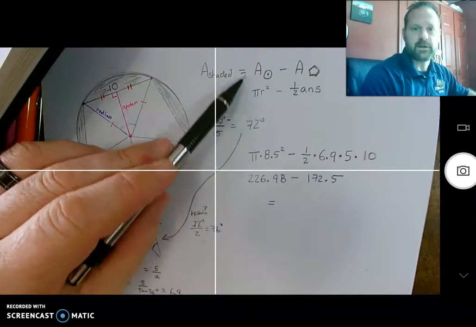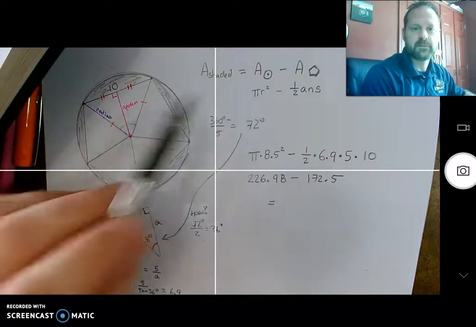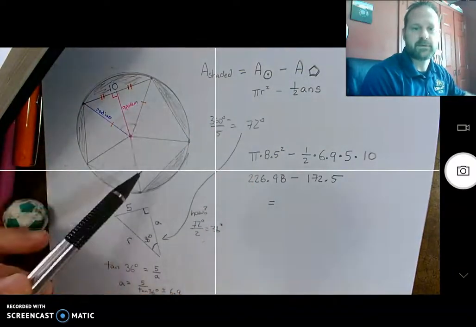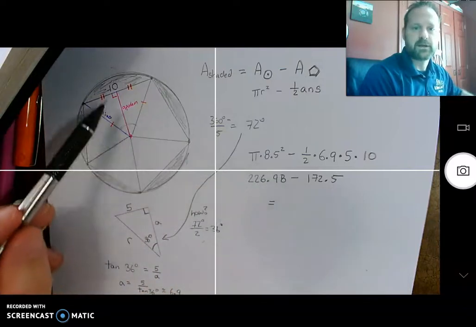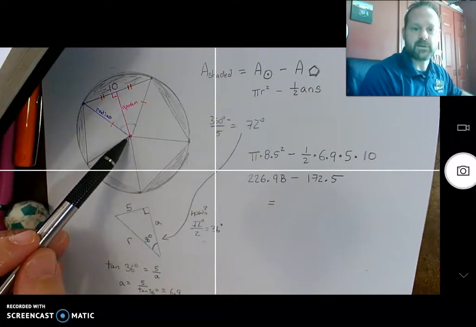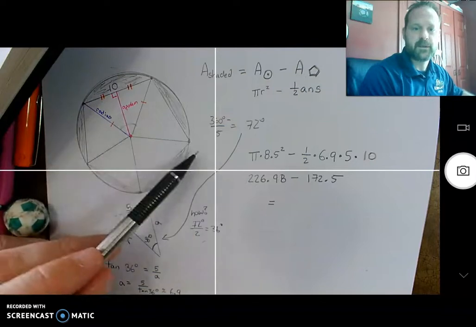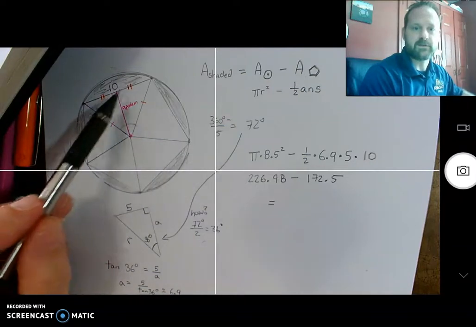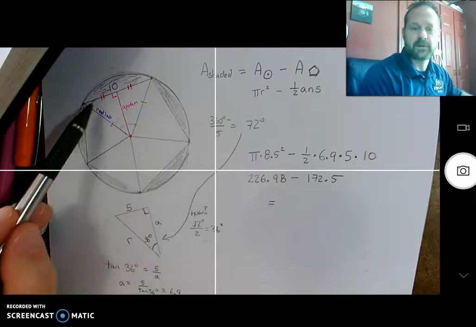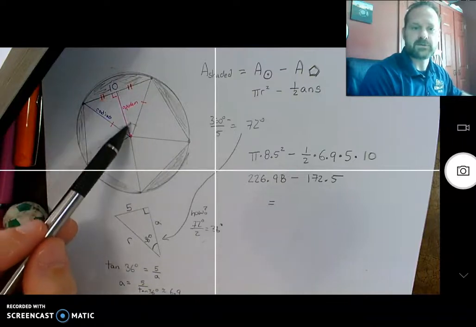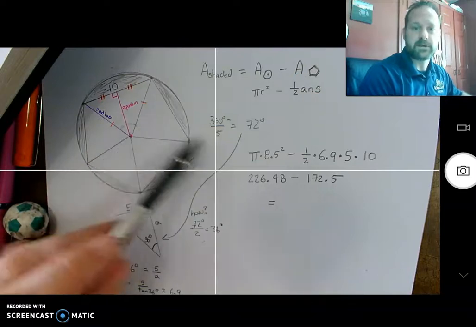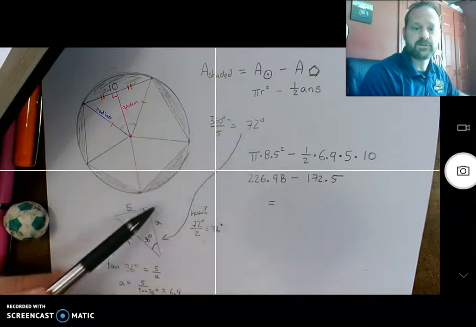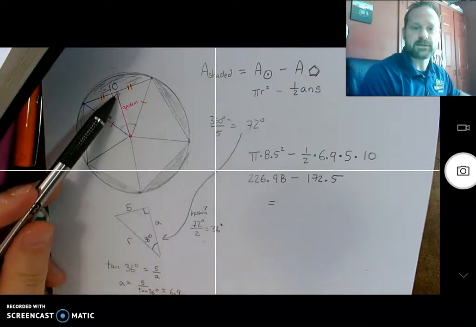Okay, so again, area of the circle minus area of the pentagon. Pi times R. We had to get R by breaking this into smaller pieces. We were given the side length, and so then I just drew to the center. I knew that all of these angles add up to 360, and so then I took 360 divided by 5 to get 72, and I take a sliver of the triangle.